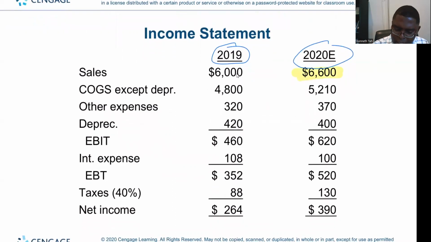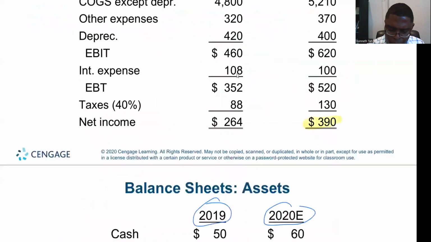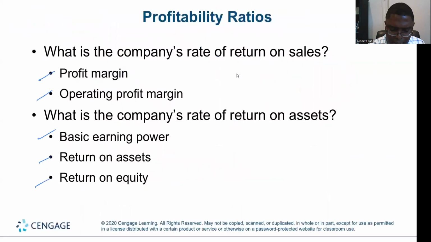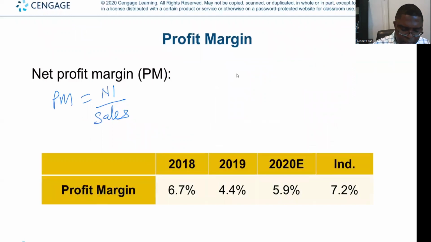That amount is needed, and I can see that net income is 390. So I can bring that in calculating this. Net income is 390 divided by sales, which is 6,600. So that gives me a net profit margin of 5.9%.